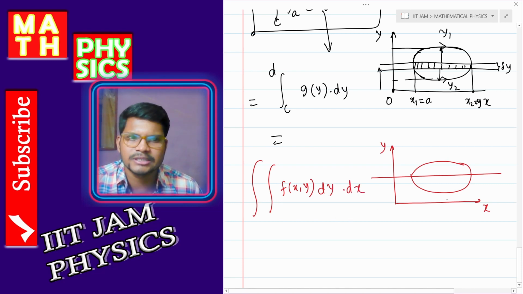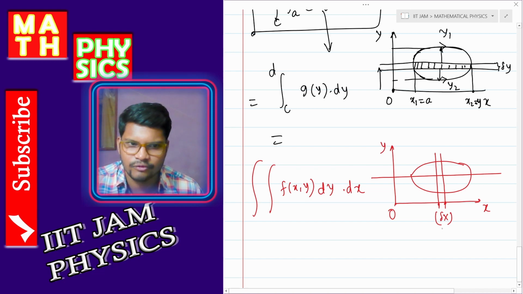My x is now constant. So for an example, this is my 0 over here, and I'm coming like this side, and I'm going to fix this dx. This is some width, delta x, which is fixed, and this dy is varying. So here you have the little rectangle, then you are taking an integral over here.